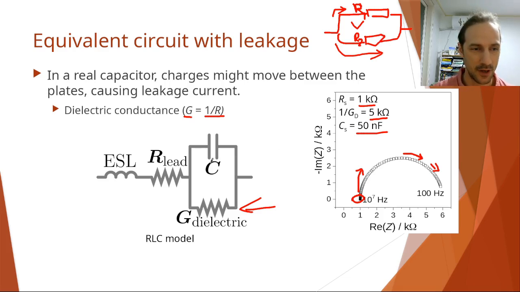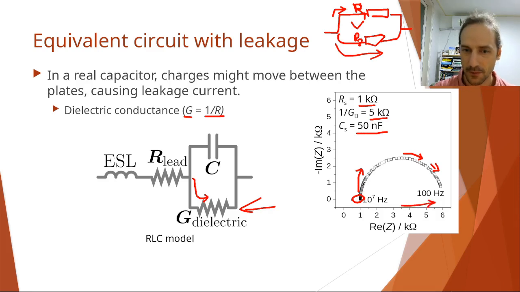The same thing will happen here. As the frequency is going down, the capacitive reactance of the capacitor itself goes up. So most of the current will just go through the dielectric, which means that the capacitive reactance for the whole circuit will be going down, while the resistance, the real part of the impedance, is going up.